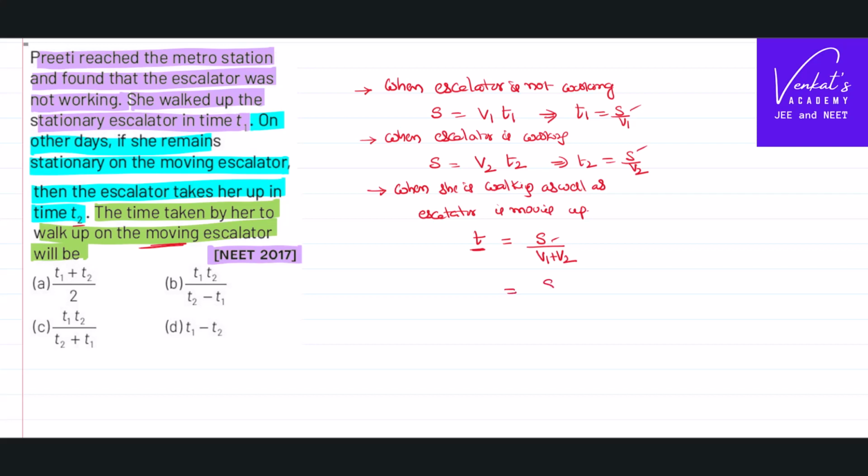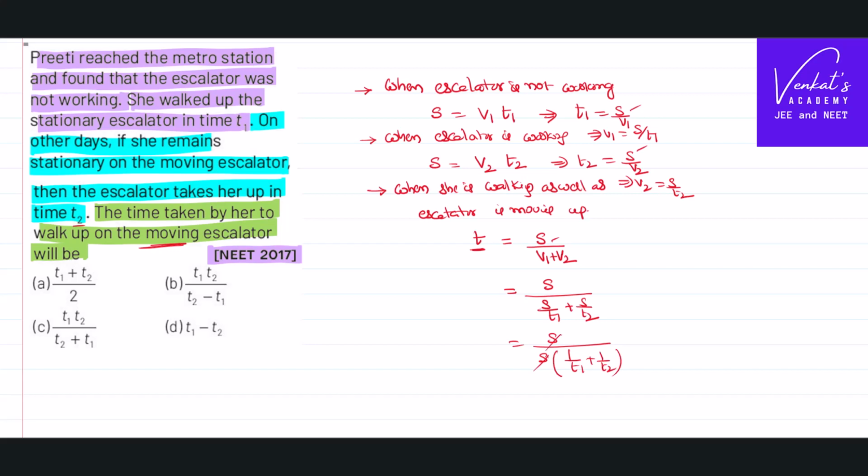In the place of v1, I can write v1 as s by t1. From here I can write v2 as s by t2. Let us substitute those values. S by t1 plus s by t2, with S in the numerator. S can be taken out of the denominator in both the terms: s times 1 by t1 plus 1 by t2.